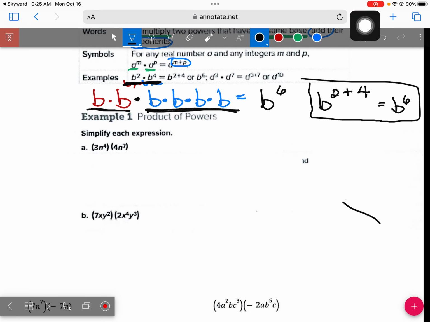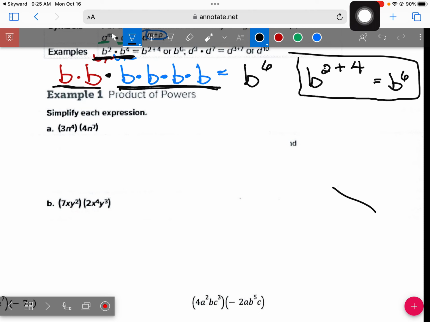All right, so let's go to some examples here. 3n to the 4th times 4n to the 7th. These numbers out front are called coefficients, okay? We can multiply those together. So I'm going to pull my coefficients out front and say 3 times 4, all right? Then I'm going to group together my powers that have the same base. So I'm going to say times n to the 4th times n to the 7th, okay?